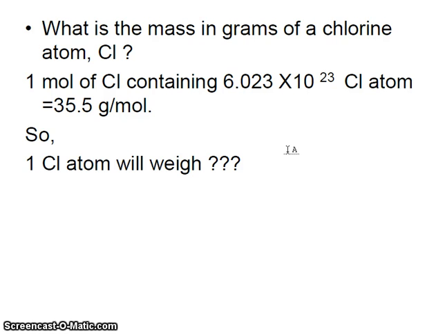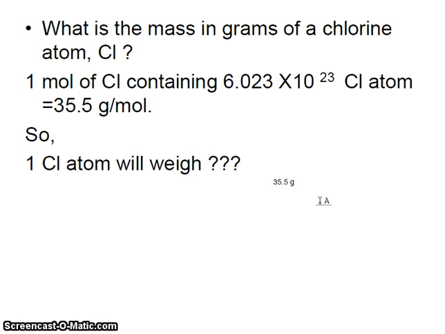So if the question is what is the mass in grams for a chlorine atom, how can you determine that? From the definition of mole, if you have taken a mole of chlorine atoms, that will contain 6.02 times 10 to the 23rd chlorine atoms, and that weighs 35.5 grams.